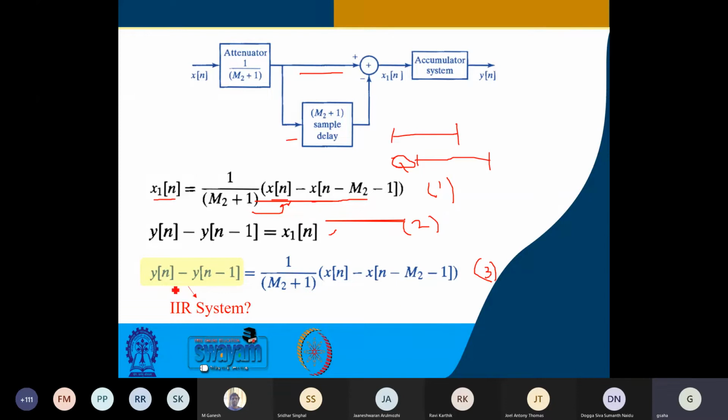So if you look at it this way, as your friend has correctly mentioned, it looks like an IIR system, because that is how we have described before: if there is a reference to output, past values of output, it will be an IIR system. So going by that definition, going by that understanding, if one says so, you cannot find fault with him.